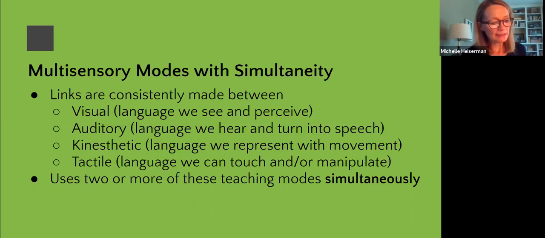Multisensory teaching links speaking, listening, reading, and writing by purposefully and consistently linking these modalities of visual, the language we see and perceive, auditory, the language we hear and turn into speech, kinesthetic, the language we represent with movement, and tactile, the language we can touch and or manipulate.